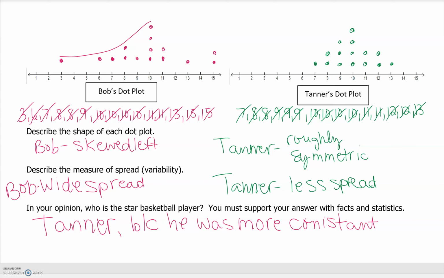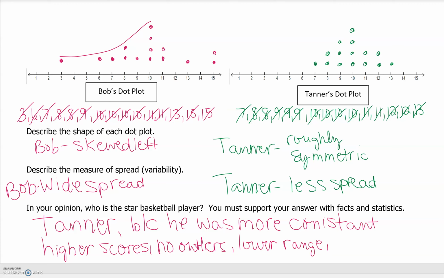He had the higher scores, no outliers, a lower range, and the IQR had less variability. So this showed that he was more consistent with everything, no matter how we displayed it.